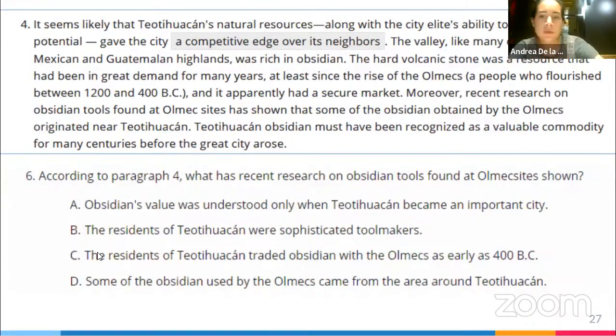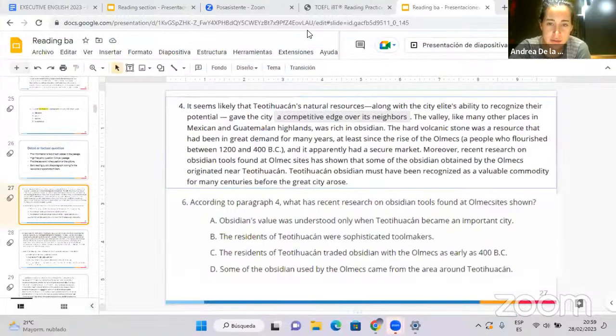All right, guys. So what is the correct choice?